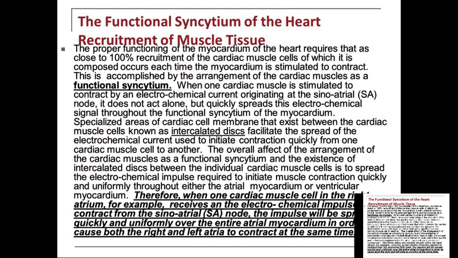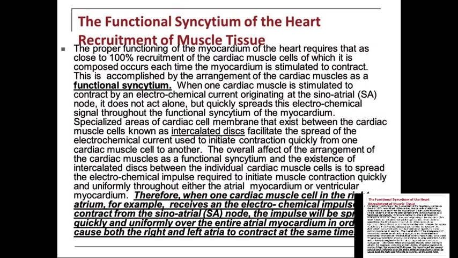The electrochemical current generated through the heart starts at the pacemaker, the SA node, and moves very quickly, sending its conduction to both atria at the exact same time, so that the left and right atrium contract in harmony. One heart cell of the right atrium is communicating with another heart cell in the left atrium, and they know to contract in harmony. Okay, and I'll go through that with you in another illustration.